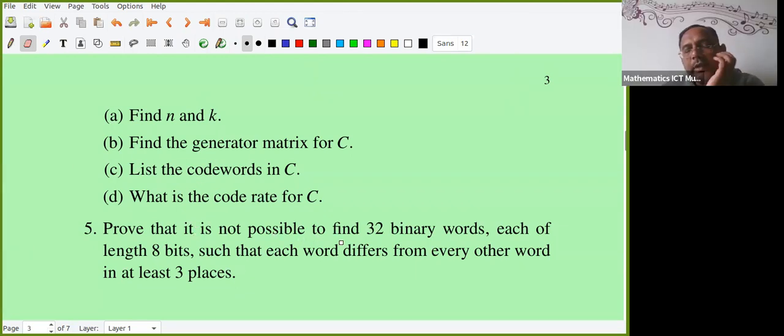See, what we are saying is that it is not possible to find 32 binary words, each of length 8 bits, such that each word differs from every other word at least 3 places.